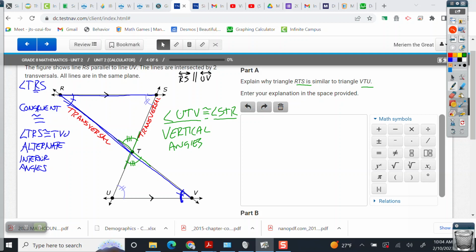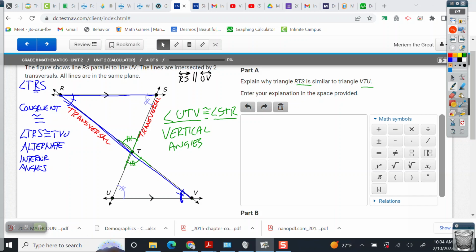We're also expected to say that angle V is congruent to angle R because of alternate interior angles. And angle S is congruent to angle U because they are alternate interior angles. So that is what we are being expected to say in this problem.